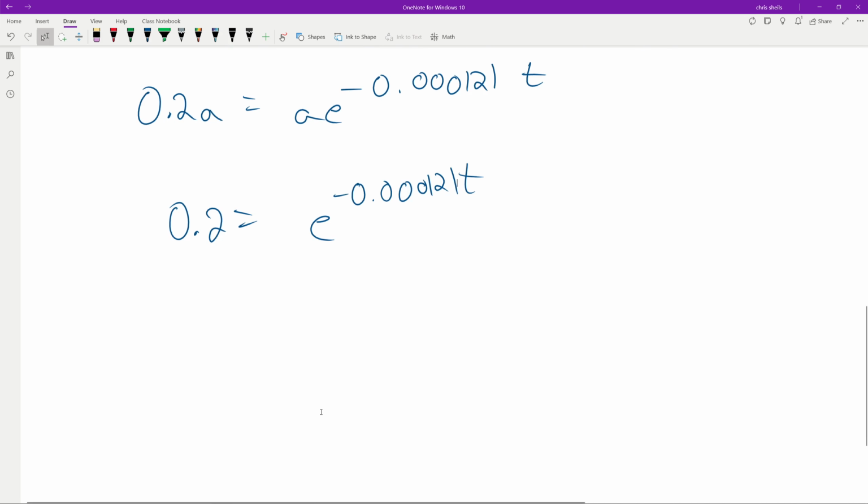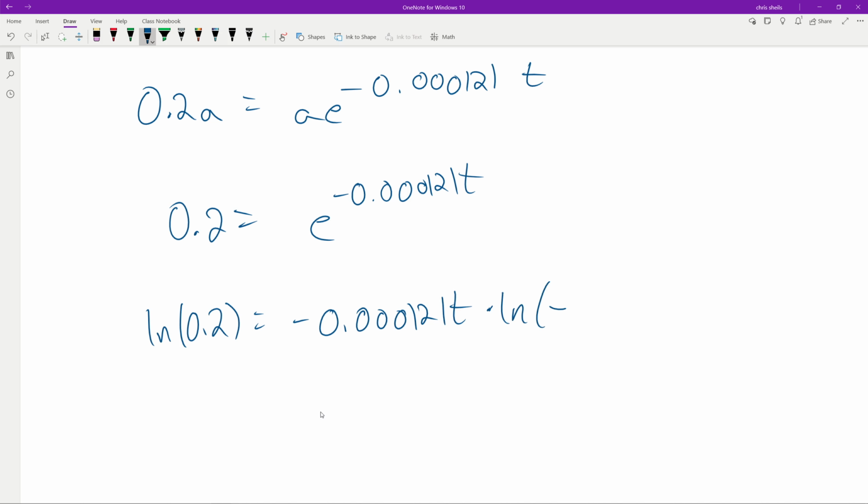Taking the natural log of both sides, I get natural log of 0.2 equals negative 0.000121 t times natural log of e. So natural log of e is 1, and anything times 1 is itself.